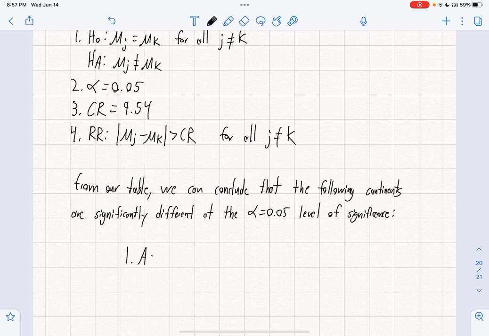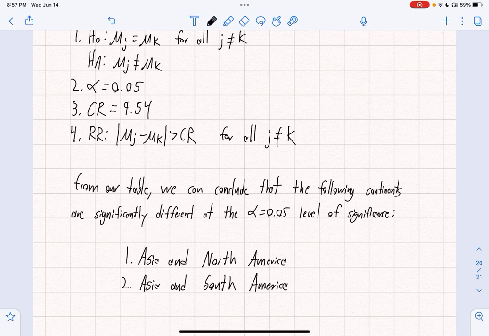The first was Asia and North America, and the second was Asia and South America. Okay, and that's the entire ANOVA process. We had 4 groups. We wanted to see if the mean was different across these 4 groups. So we did an ANOVA test.